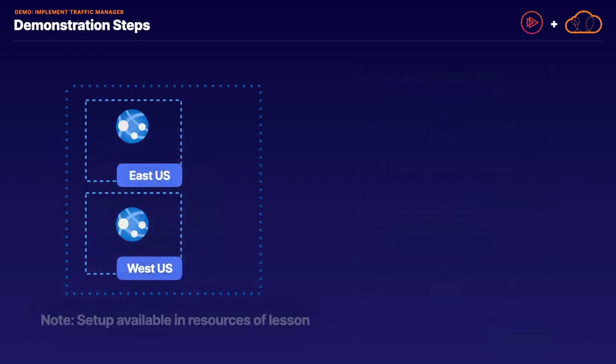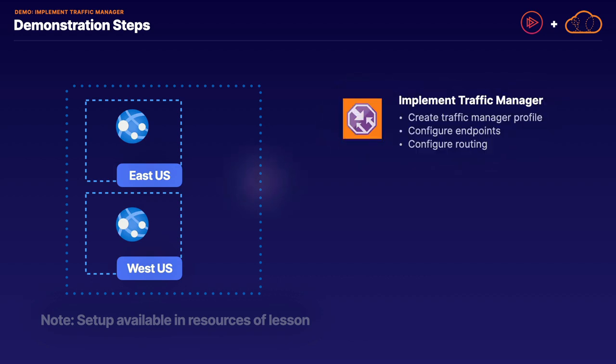Now, as always, the setup for the demonstration is available in the resources of this lesson. The demo steps that we will go through once we set up our environment is implement Traffic Manager by creating a Traffic Manager profile and configuring those app services as endpoints, and then we're going to configure the routing for both of those by specifying the performance-based routing method.